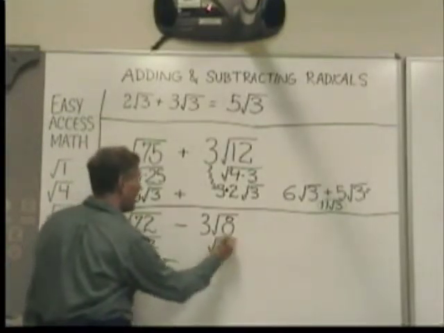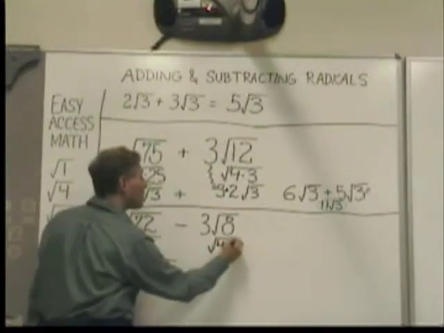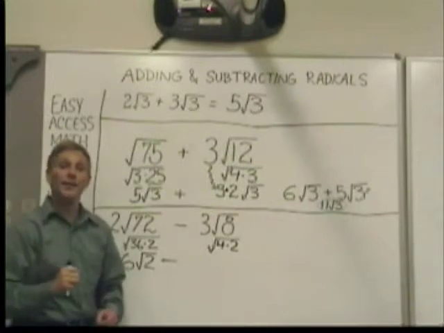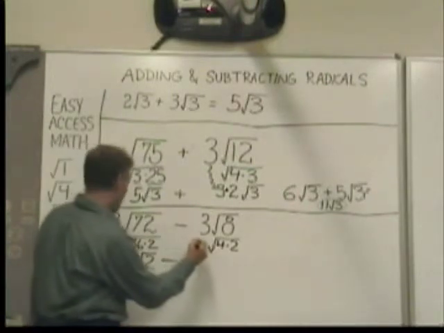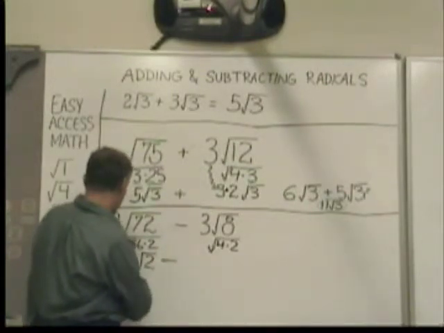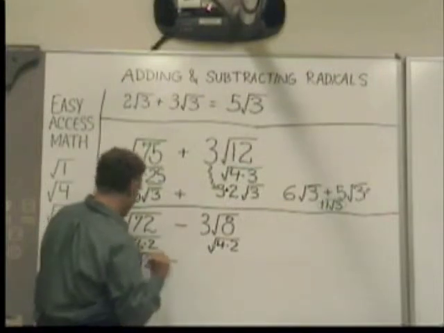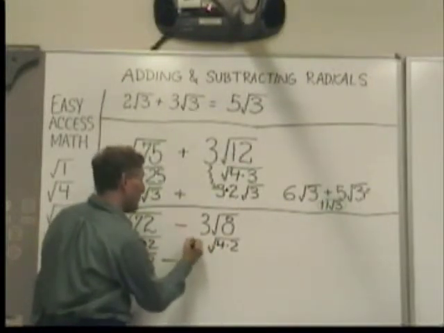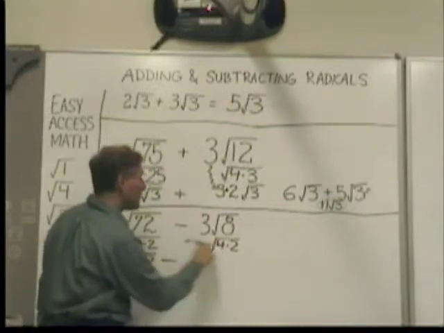8 can be broken down as 4 times 2, using the highest perfect square in 8, 4. And remember, I want to bring down that 2 there. I have a 3 still on the outside, but I'll take care of that later.